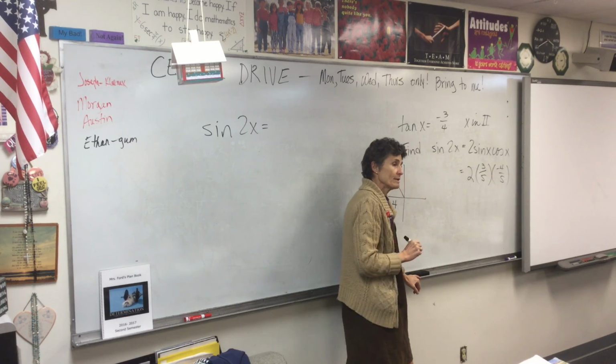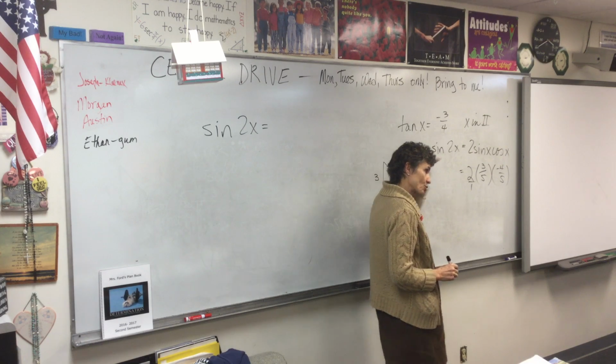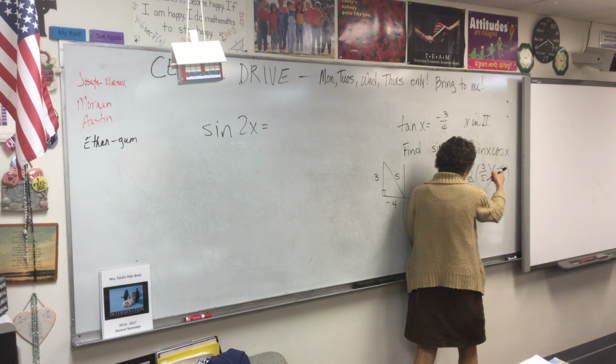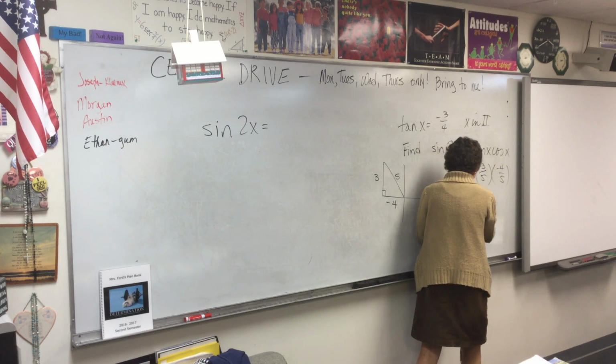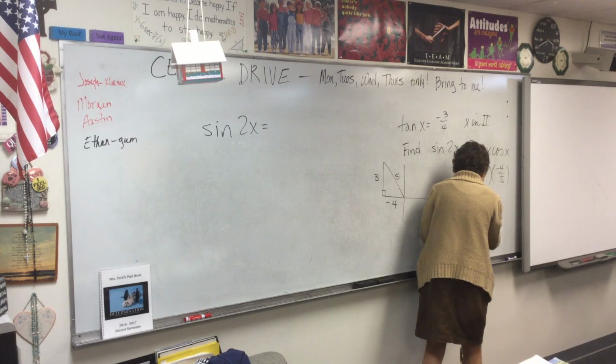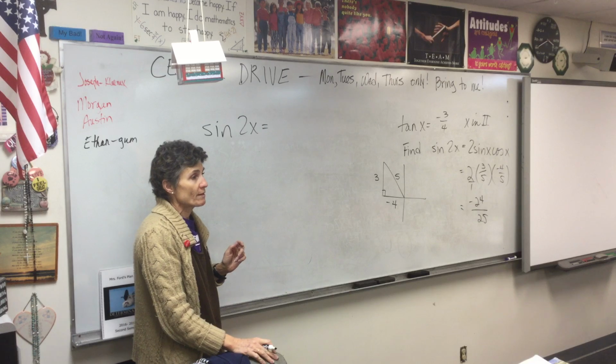And you aren't going to mess this up. This is like 2/1. We multiply straight across. So what do we get on the top? Negative 24. What do we get on the bottom? 25. So the answer to the problem is negative 24/25.